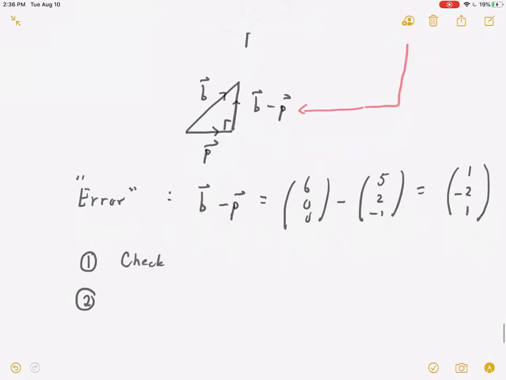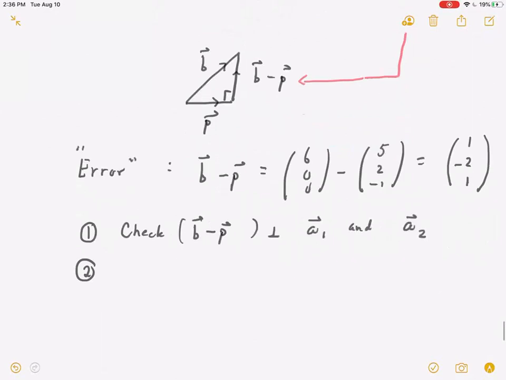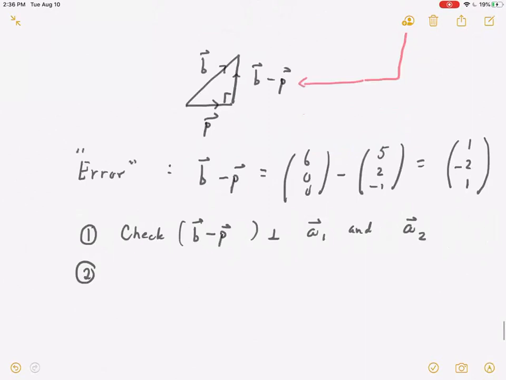It's clear from trigonometry that the error B minus P should be perpendicular to either one of the initial vectors, these 2 linearly independent vectors, A sub 1 and A sub 2. And that's easy to check. So I'll leave that to you to check.